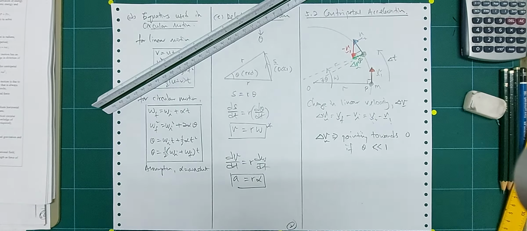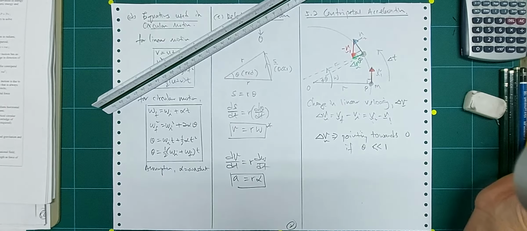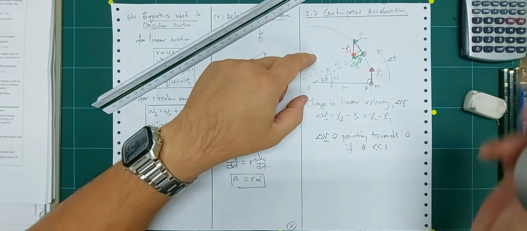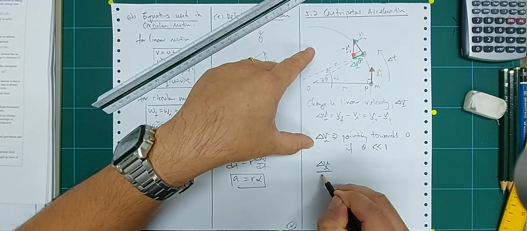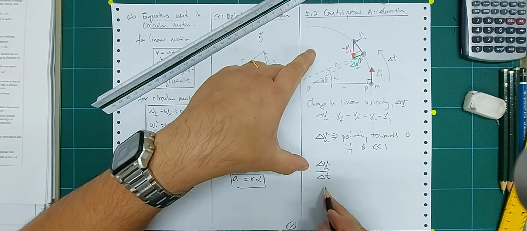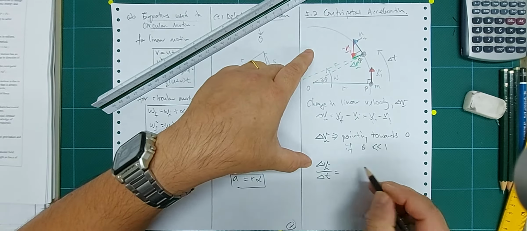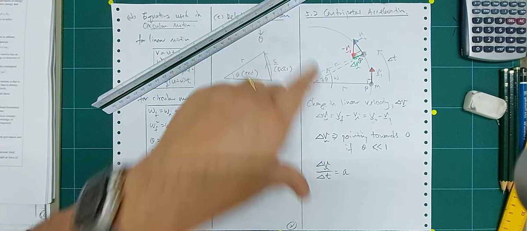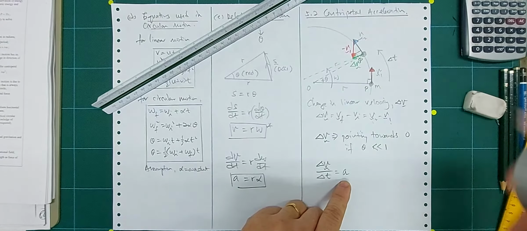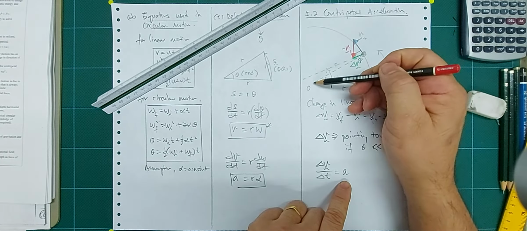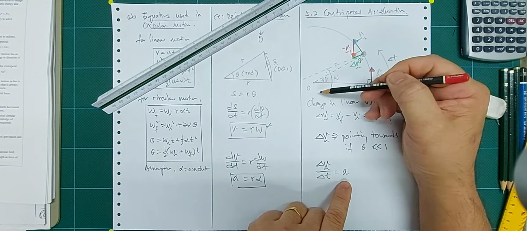So if you have delta v divided by delta t, you have something that we call the acceleration. This acceleration is pointing very close to the center of rotation.